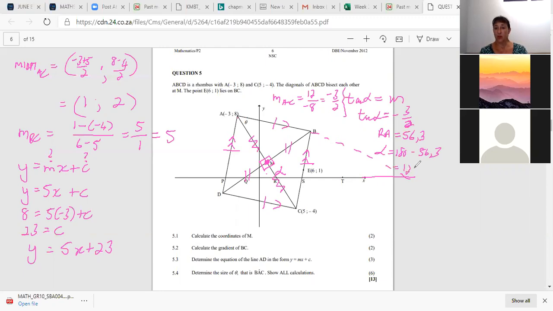Right, in other words, 123.7 degrees. So this is 123.7. And then we do the same with this one. We find that angle. In other words, we need that gradient. Now, how are we going to find that gradient? That's a bit of an issue.